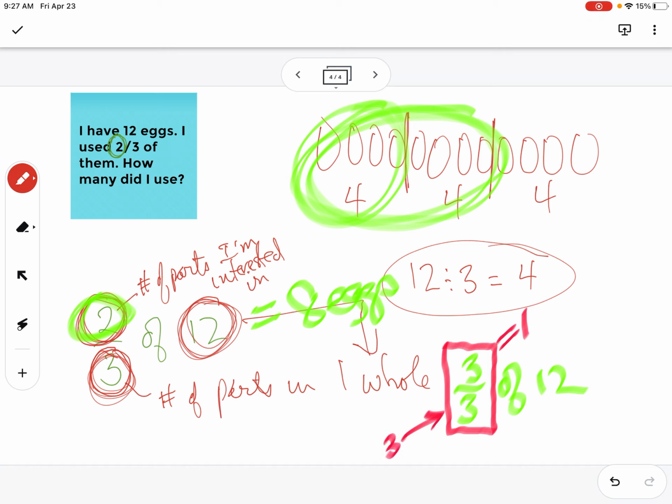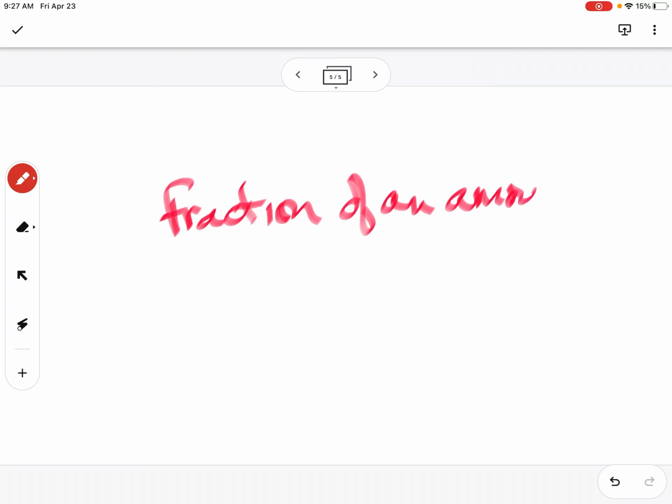So I'm hoping that you'll notice now that whenever I've got a fraction or a question that asks for a fraction of an amount, rather than relying on a rule that I could easily forget, I go back to my basic understanding of fractions: the bottom tells me how many parts in a whole, the top tells me how many parts I'm interested in.